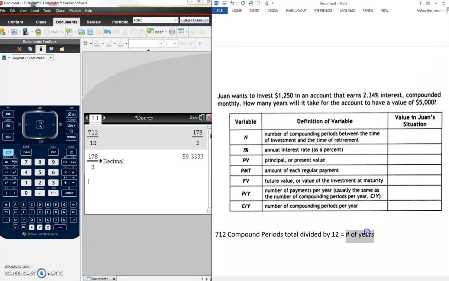And this says it's going to take 59.3 years, and then 3 repeats, 59.3 repeating. That's how many years it will take for this account to grow to $5,000. Guys, that's using the TVM solver, and in this video there were no payments involved.